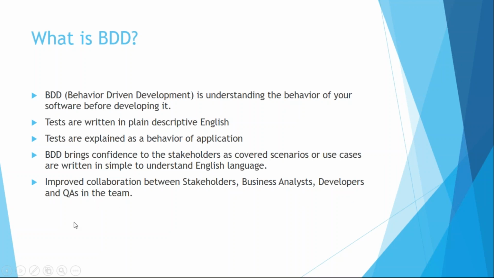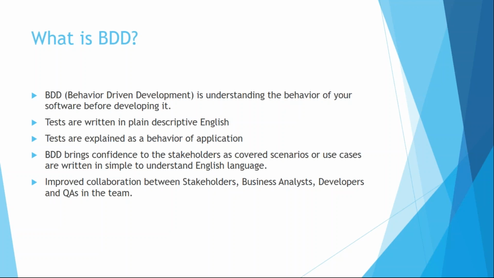What exactly I'm trying to say here is that the test cases which we write in this are in plain English. Let's say, for example, I want to log into my application. That is one scenario for your stakeholders. So how will I write the test case?